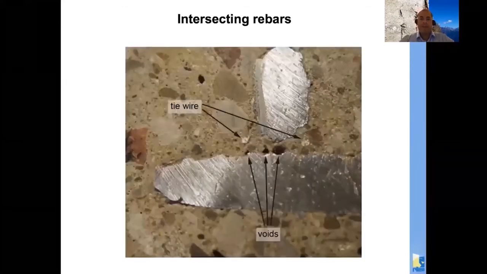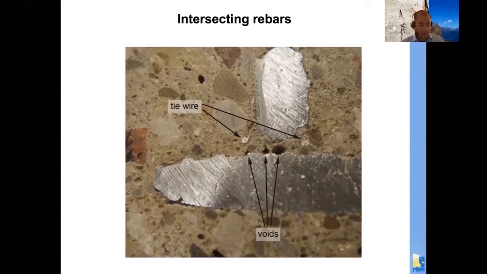Some special features that have not received much attention were also covered in our review. For instance, here, if we have intersecting rebars, you can see a cross section cut through two intersecting rebars. We can see the tie wires here, and we can see that if the rebars are close but don't touch one another, there may be small voids formed in the interspace because, of course, it's more difficult to get the concrete properly compacted in those areas.